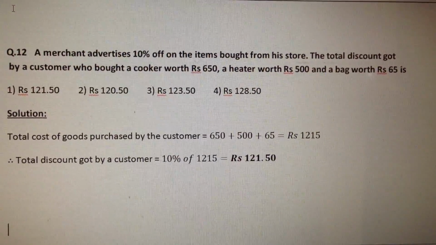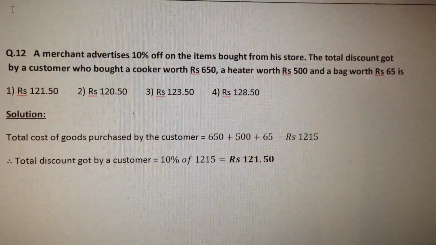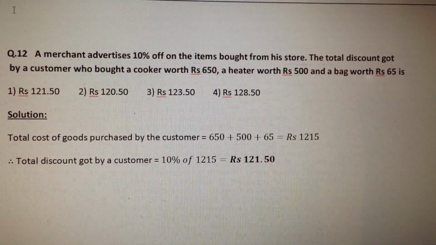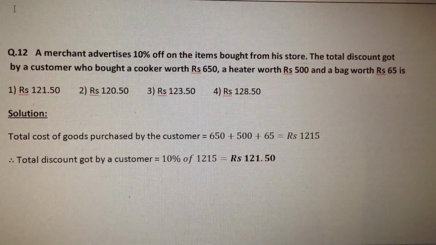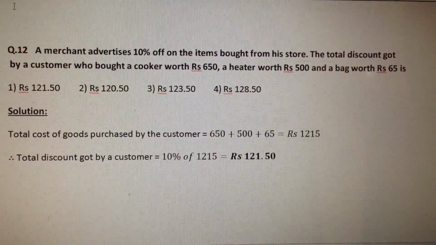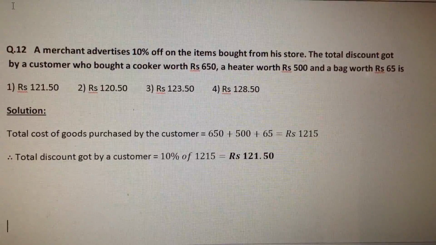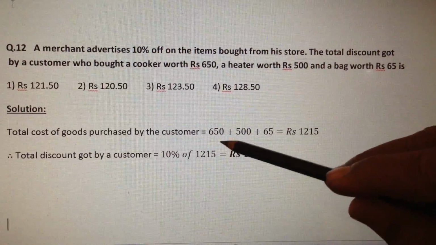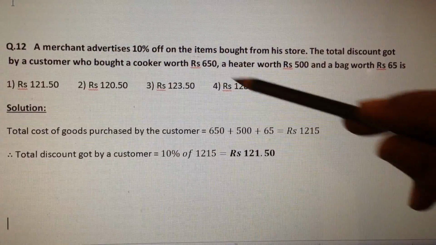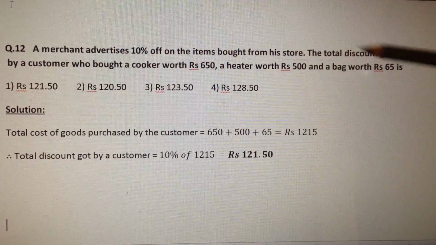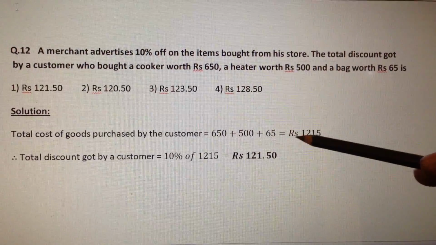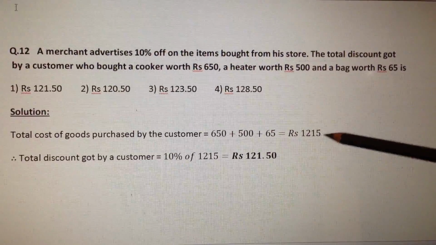In this question, it is given that the merchant is offering 10% off on all the goods purchased from his store. The total cost of goods purchased by a customer is equal to 650 plus 500 plus 65, which is equal to 1215 rupees.